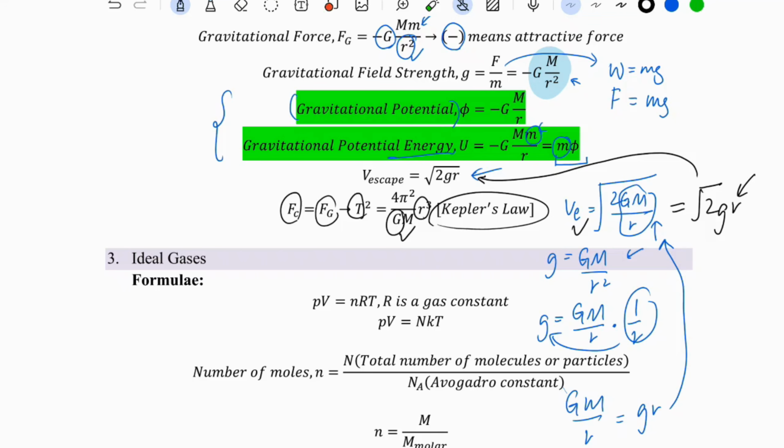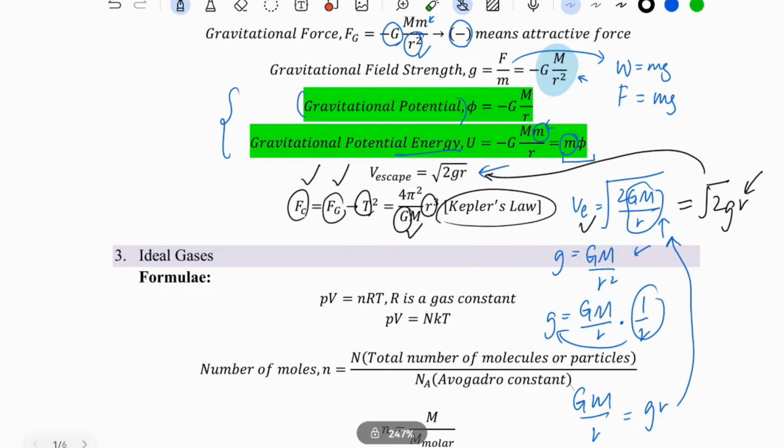So why is Fc equals Fg? Because when something is in orbit, the centripetal force is caused by the gravitational force. This is actually Kepler's third law. You should also know the relationship that T squared is proportional to r cubed.